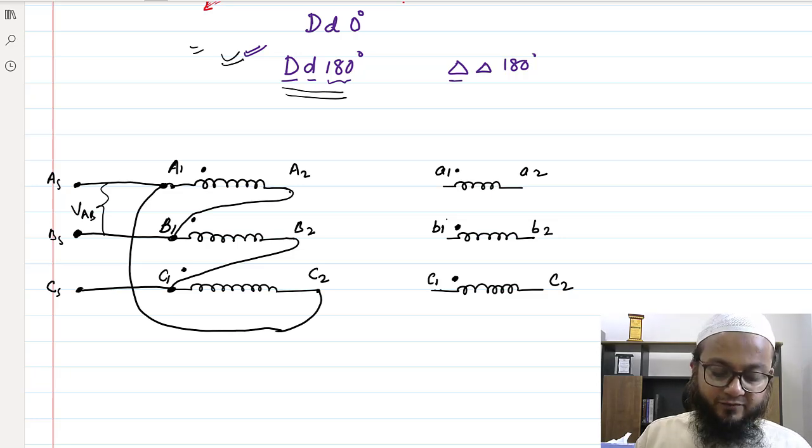So the line voltage appearing here is the phase voltage across this transformer. Okay, so this was for the primary side.